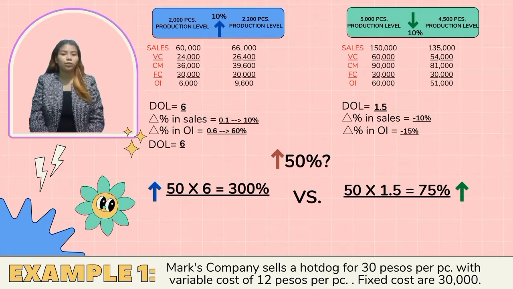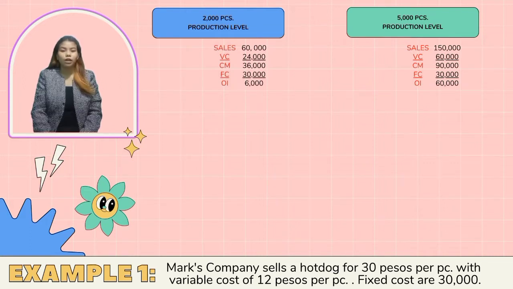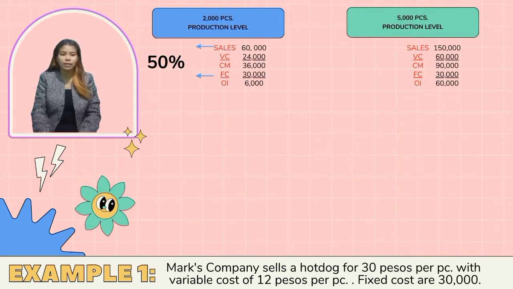And it's going to change the sensitivity of operating income relating to sales. Now, another thing I want to mention is that another way operating leverage is commonly looked at is in terms of fixed cost, and more specifically, the fixed cost as a percentage of sales. See that the fixed costs here are 30,000. Sales are 60,000, so the fixed cost in this case is 50% of the sales.